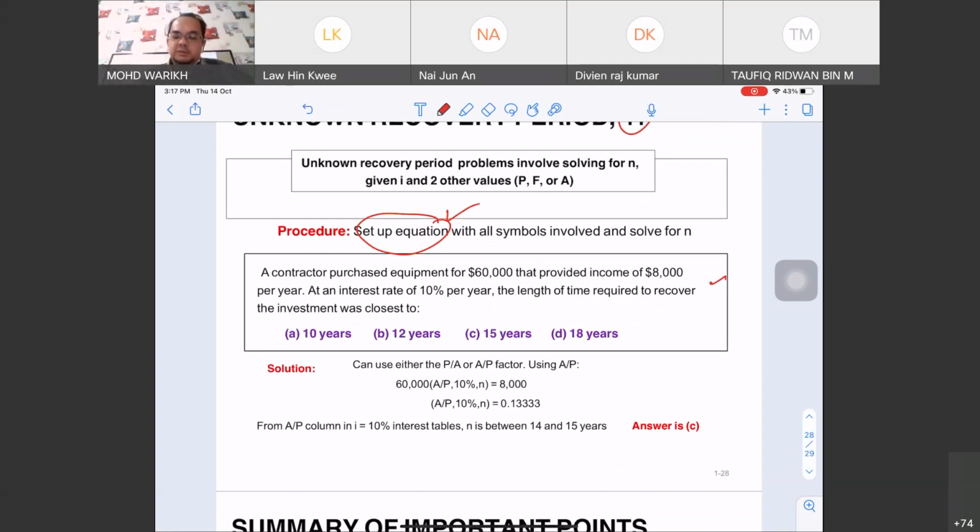So that means that P is given, A is given. You can use either one, P over A or A over P. In this example, you use the A over P. You have to find the n. After you divide, we get this number. Refer to the tables. Which one is the closest? This one only refers to the page of 10%, which is different from the first one.